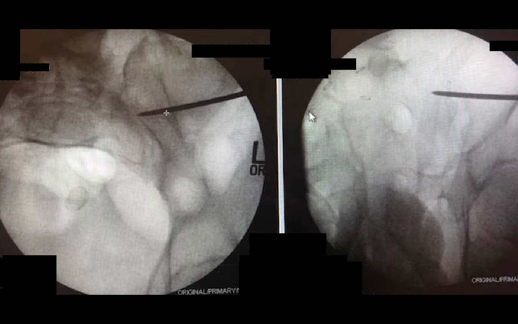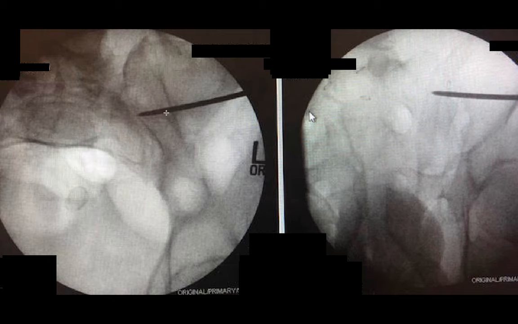So instead of doing it on power, I actually do it by hand so that I can very gradually make my way into the sacrum and make sure that I am in bone the entire time, that I don't feel myself go in, out, in, because it's almost impossible to feel with a guide wire because your wire is threaded and it just goes wherever it wants.